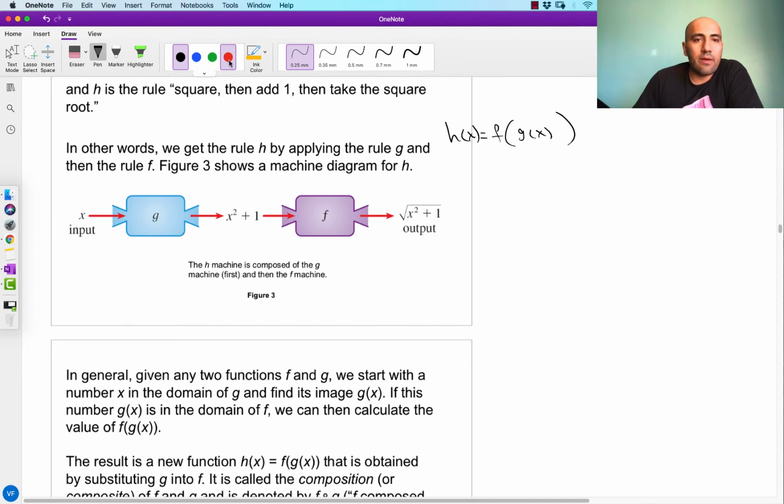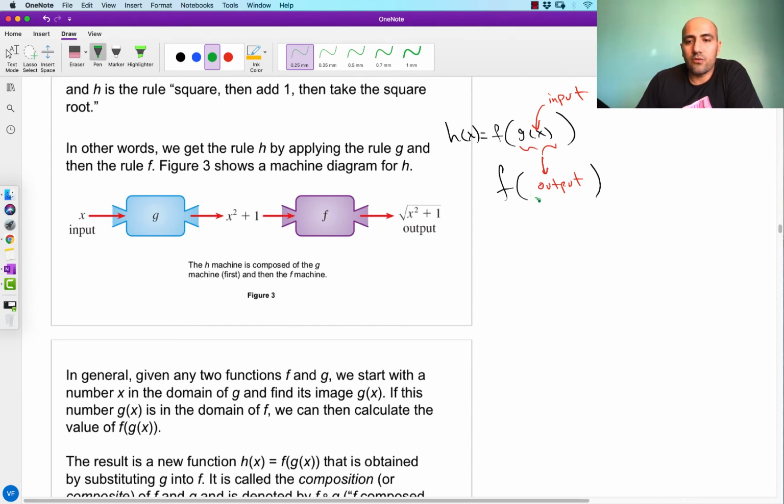So we're going to start by inputting something into there. That's where the input goes. And then we're going to get an output for the g of x function. And then that gets plugged into the input of the f function. So the output of the g function becomes the input of the f function.